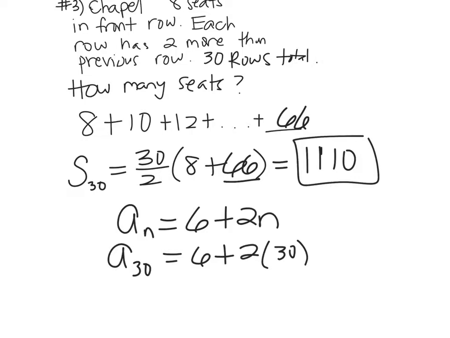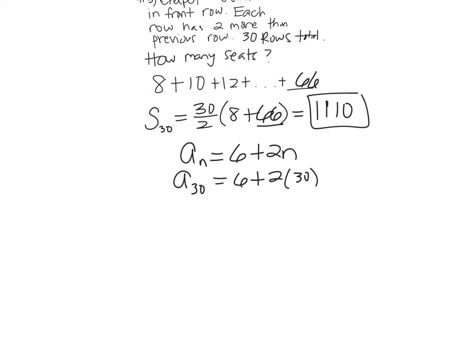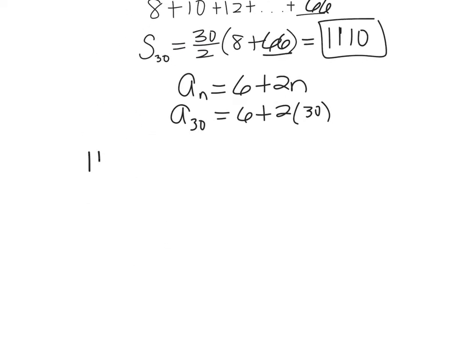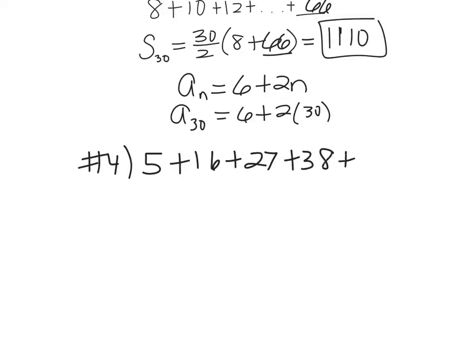Okay, let's do one more of these, and then we'll get to our geometric series. Number 4. This one's a little different. Here we go. 5 plus 16 plus 27 plus 38 plus ... plus 1644.